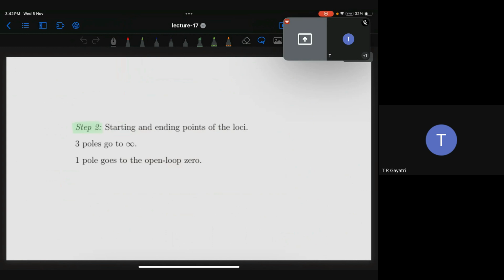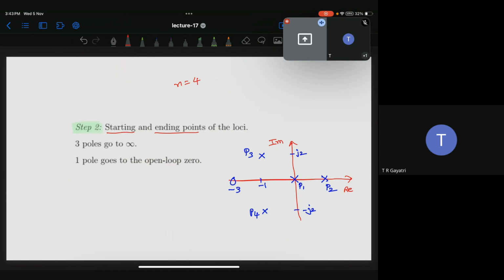Next, the second step is to find the starting and ending points. What we get is n equal to 4, m equal to 1, correct? Yes, sir. So n minus m is 4 minus 1, equal to 3.